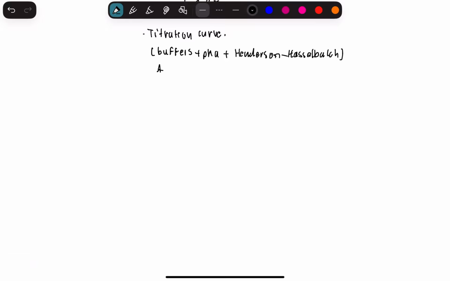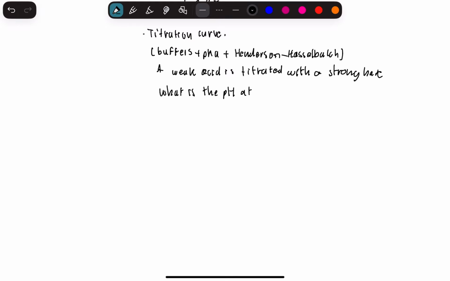Let's say that you have a weak acid that is titrated with a strong base. What is the pH at the half equivalence point?